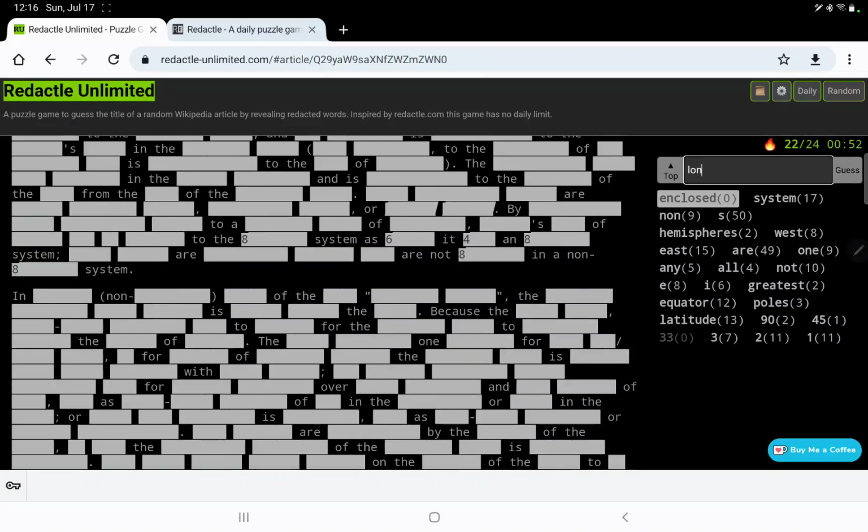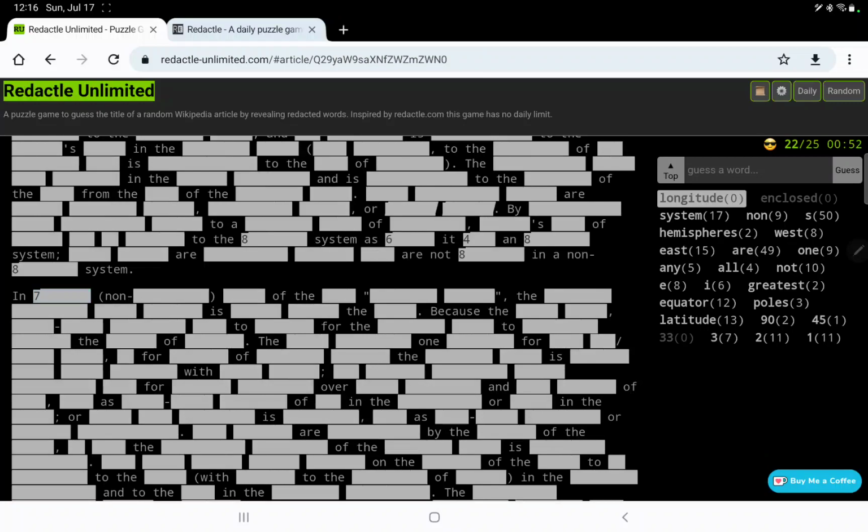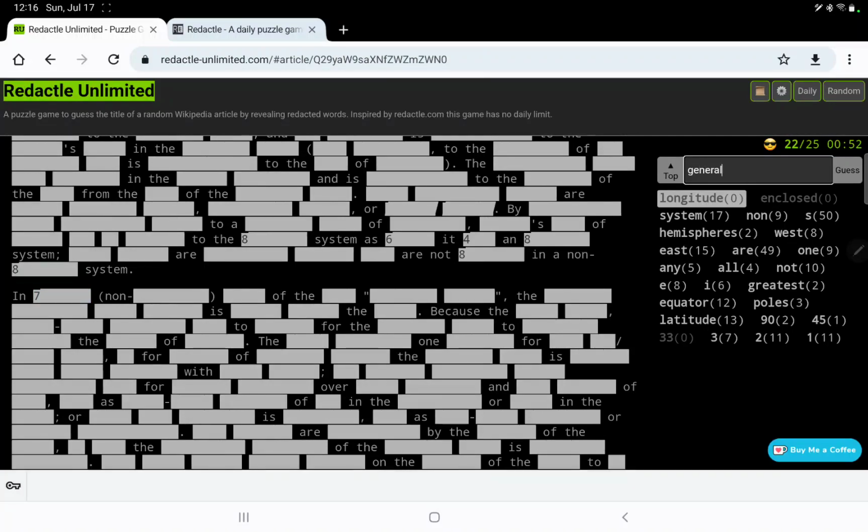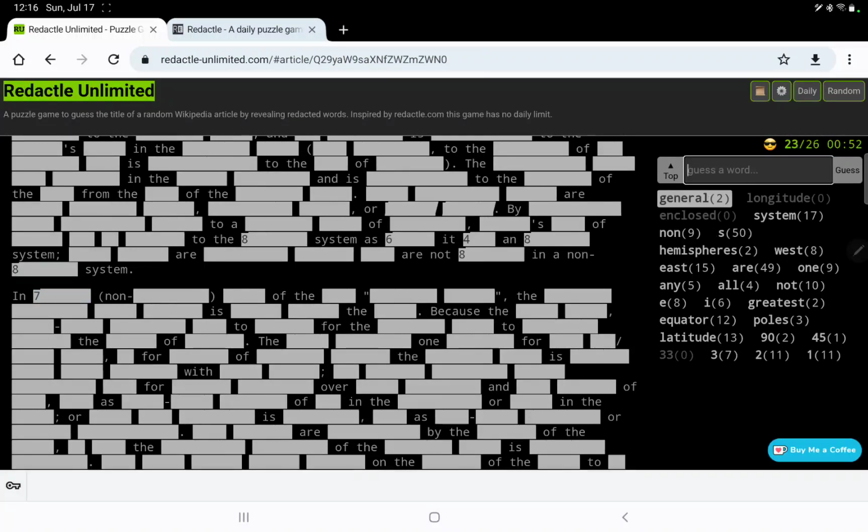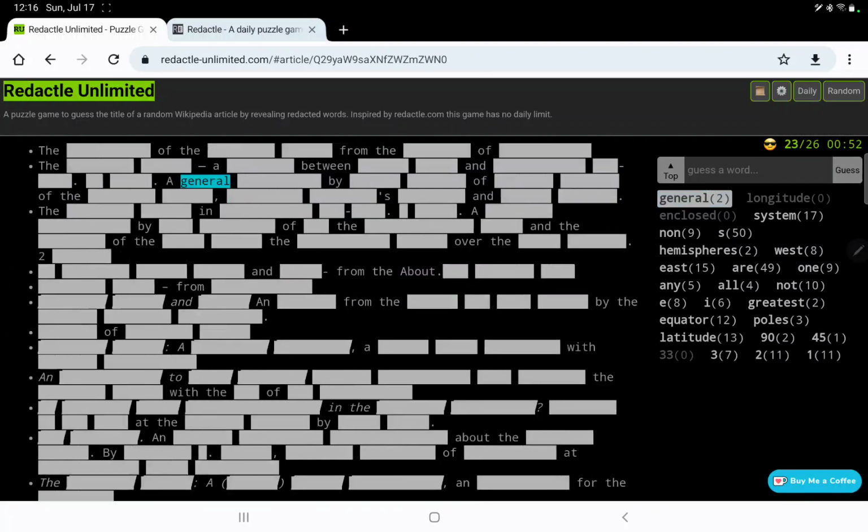Well, we had latitude. Let me just try longitude. No longitudes, only latitude. Let's try "in general." No, we do have two generals. A general something.